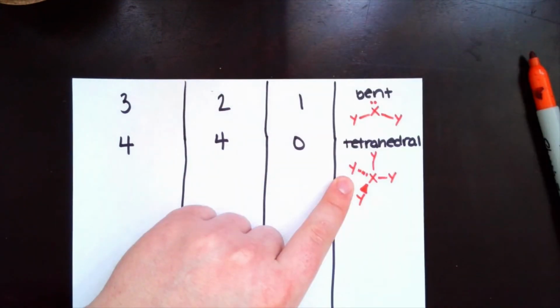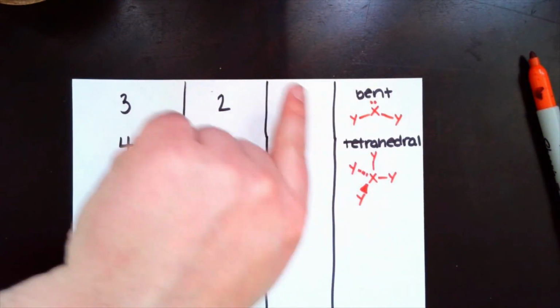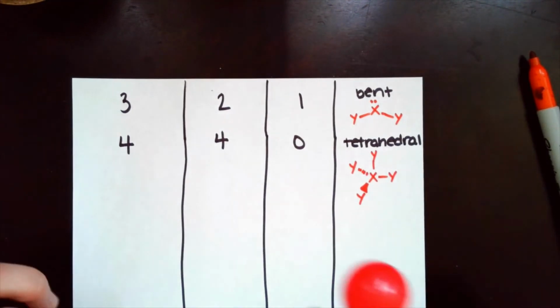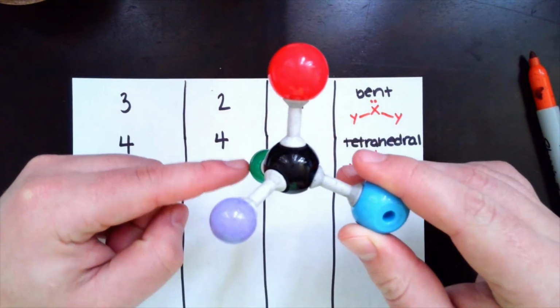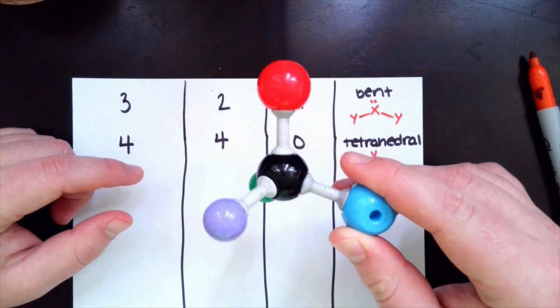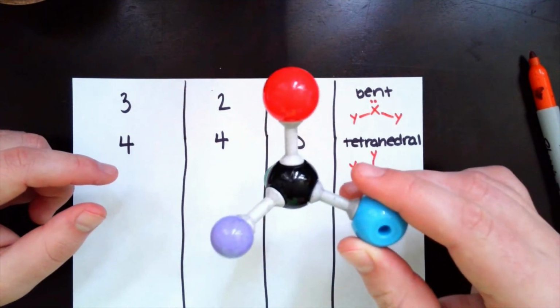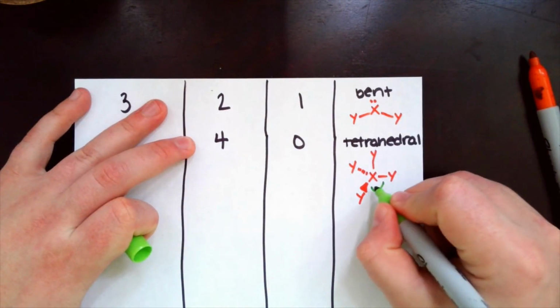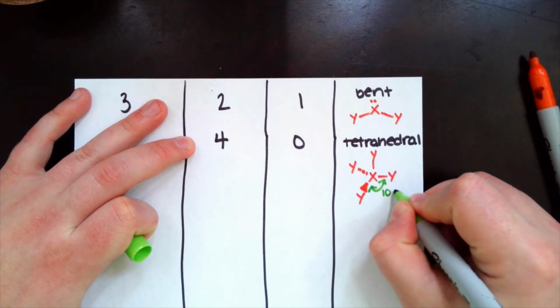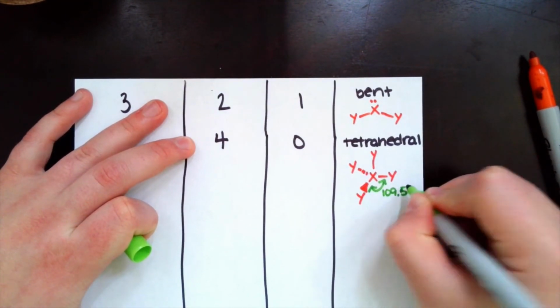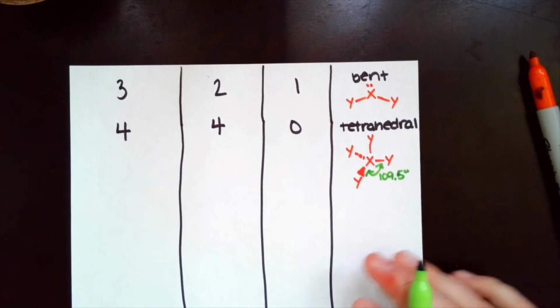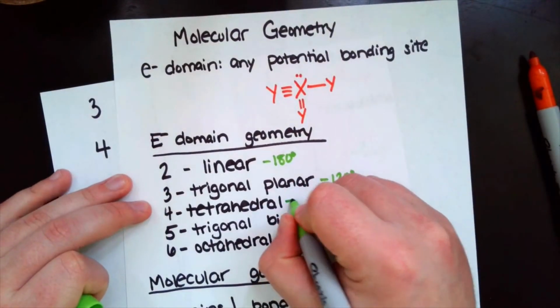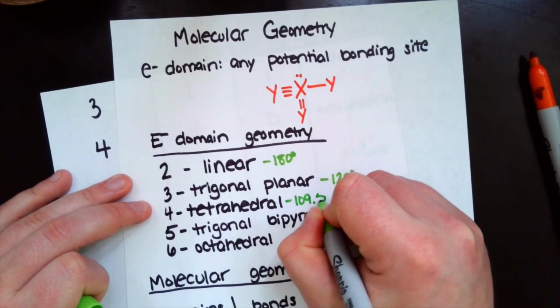And the dashed means that it is going that direction a bit, but it's also going away from you. And so that would be represented by this green sphere here. So this shows the three-dimensionality of the molecule. And in tetrahedral, every bond angle is 109.5 degrees. So we'll go back to here, say tetrahedral, 109.5.